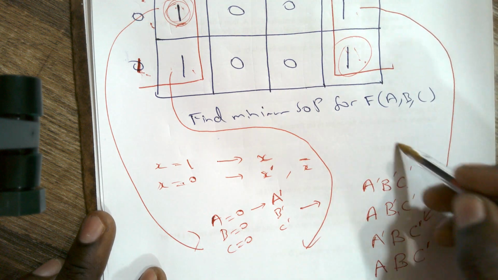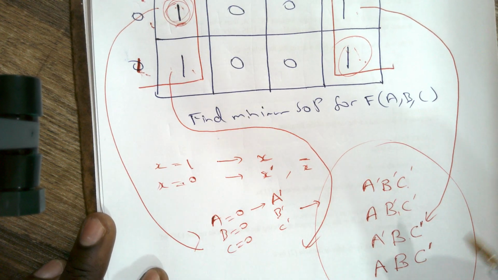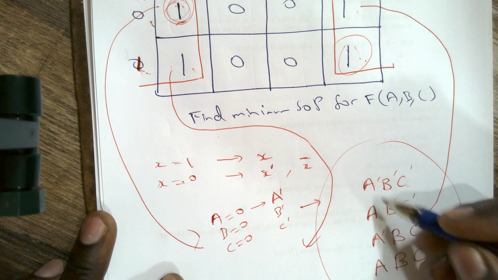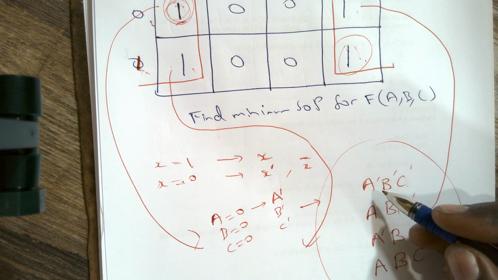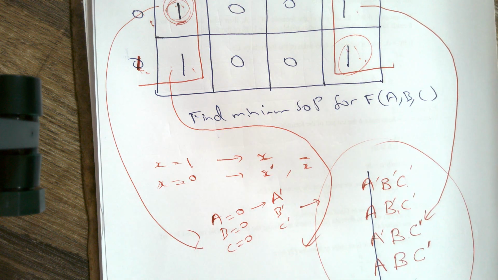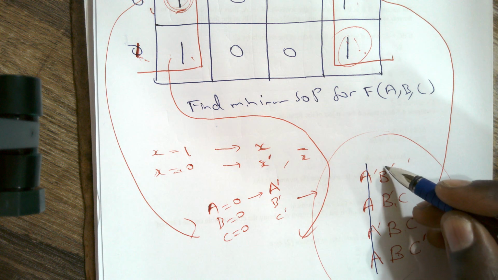Based on this now, tell me what is the common expression for all four of these? It cannot be A, because for the four ones, A or A prime is not common, so we cross that out. What about B? B is not common also.